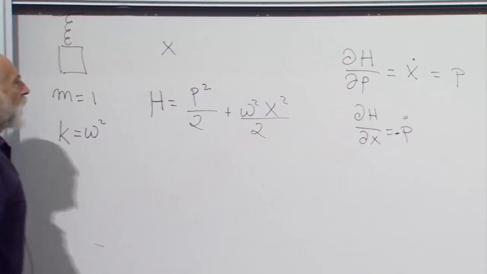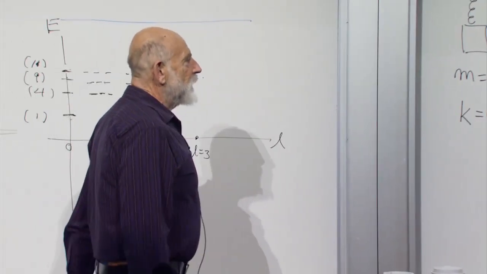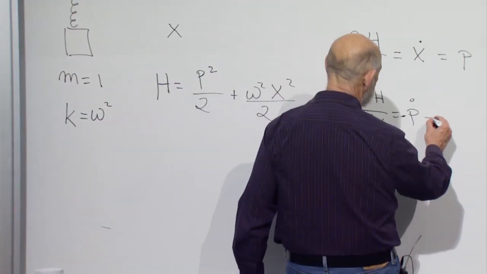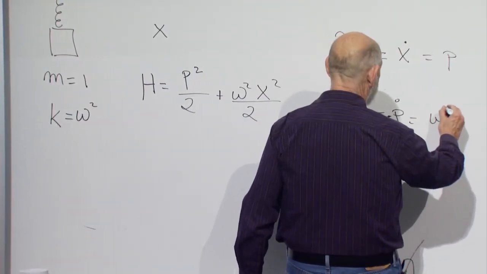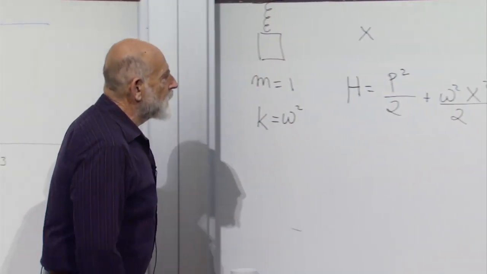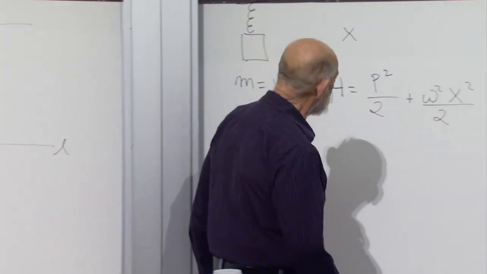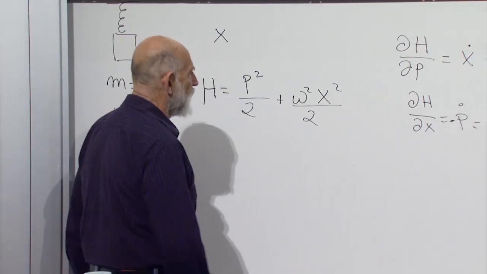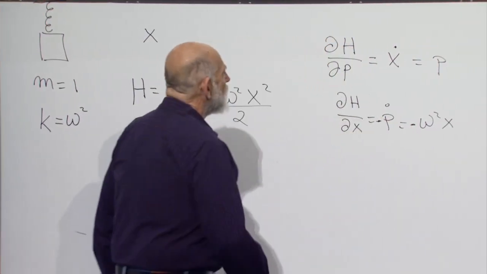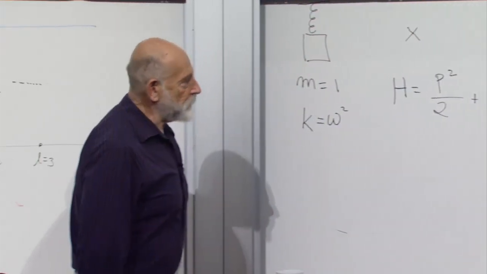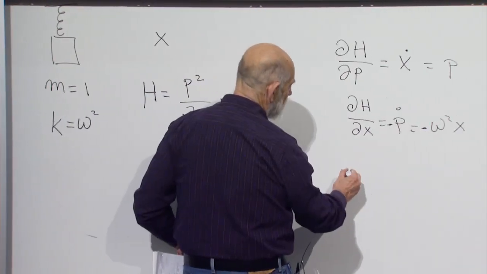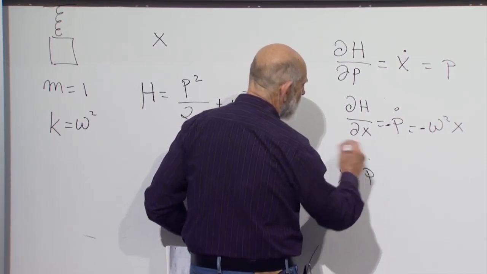That's good. Now, what about dH by dx? dH by dx is omega squared x, plus or minus? Minus. Okay, let's check Newton's equations. Let's calculate the acceleration. The acceleration is x double dot. That's p dot.